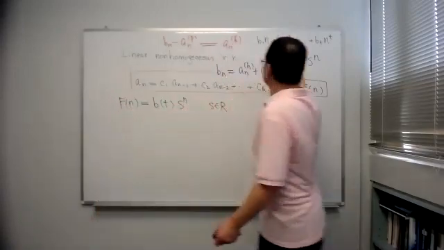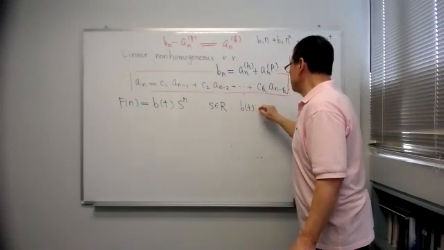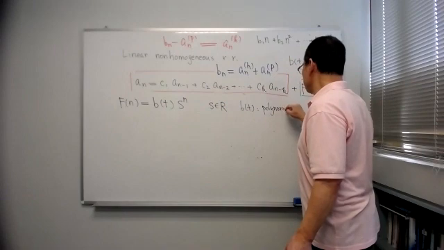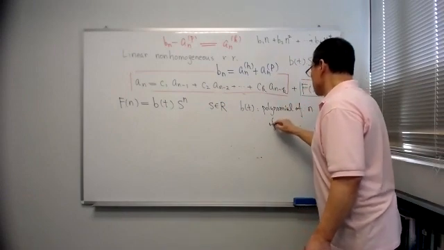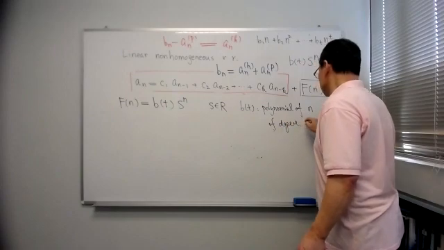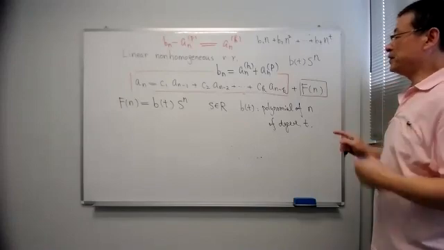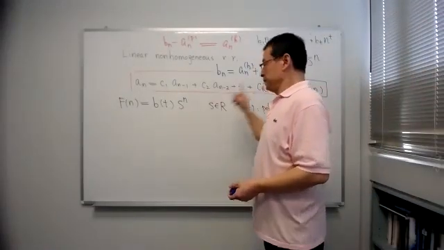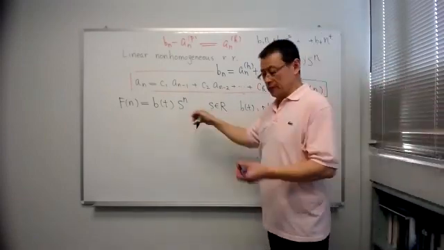B is a polynomial of degree T. In this case, the particular solution basically is of this form.